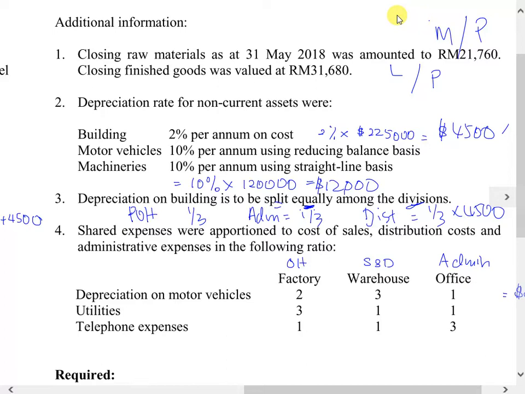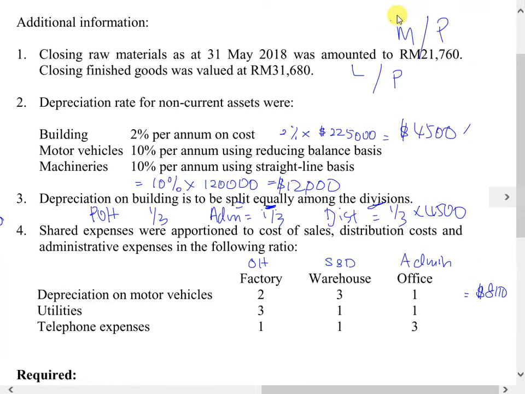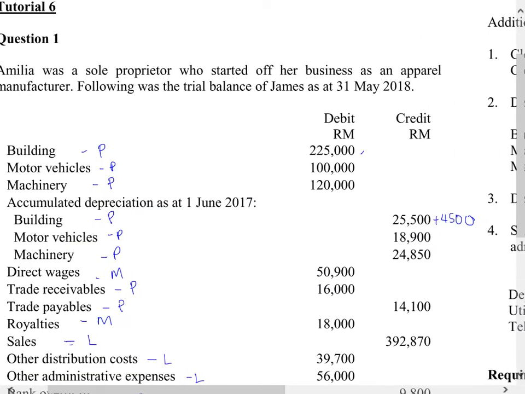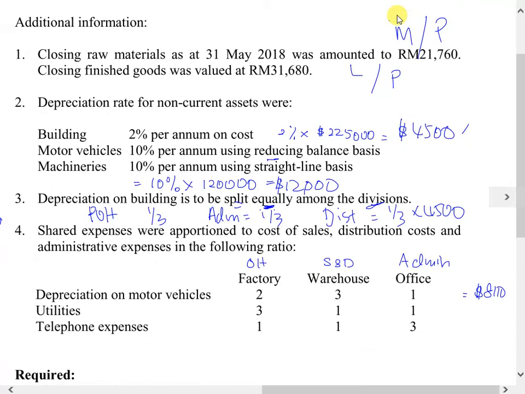Motor vehicle will be 10% on reducing balance, so 10% on net book value. Motor vehicle is 100,000, accumulated is 18,900. So we will take 10% of 100,000 minus 18,900.